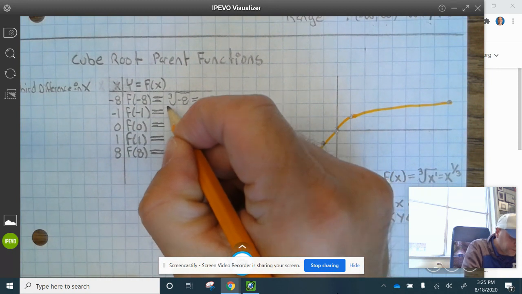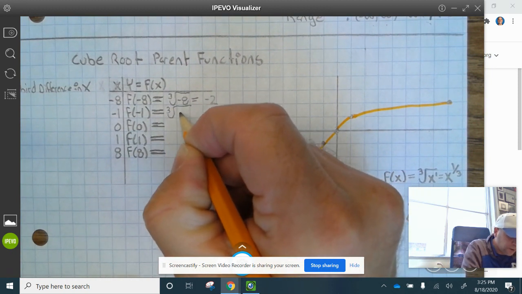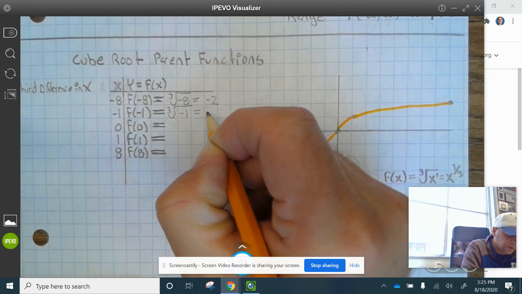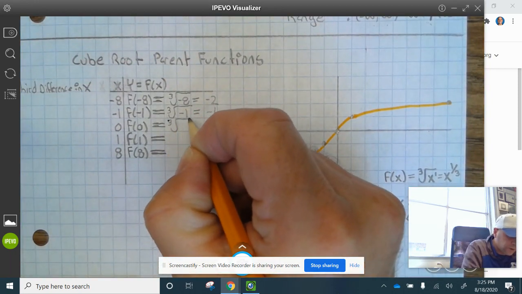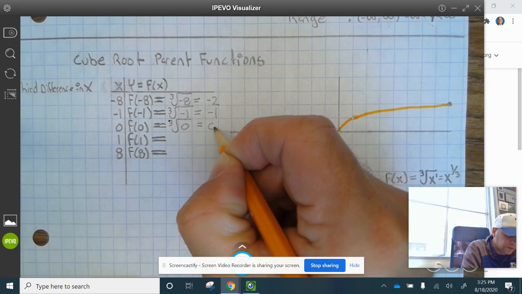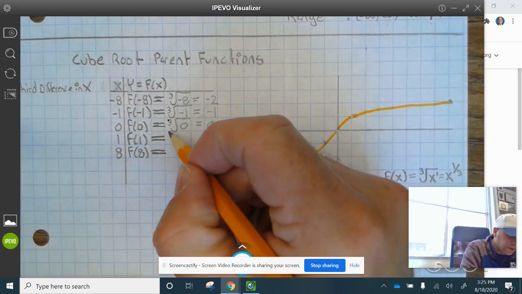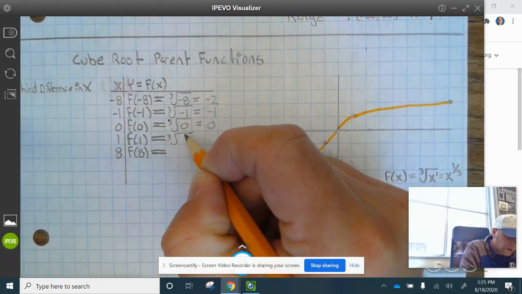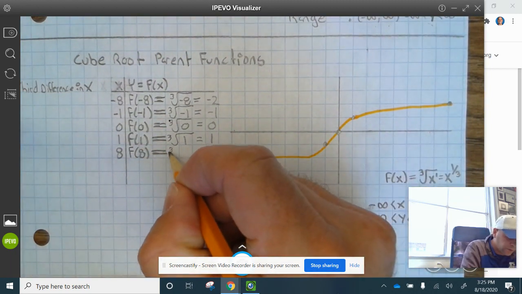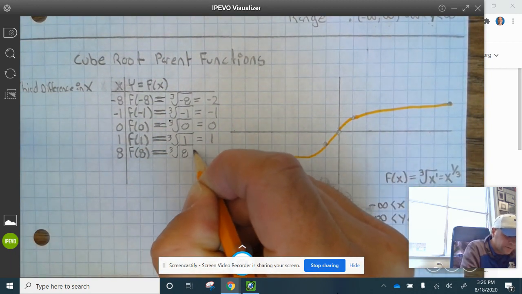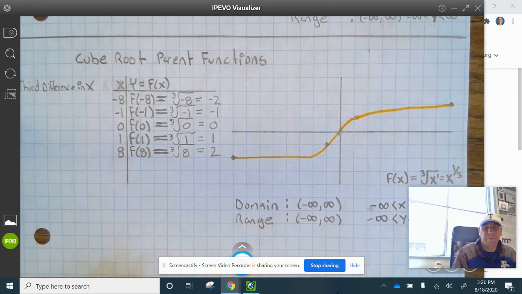The cube root of -1 is -1. The cube root of 0 equals 0. The cube root of 1 equals 1. And then the cube root of 8 equals 2.